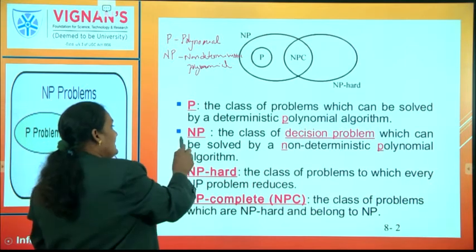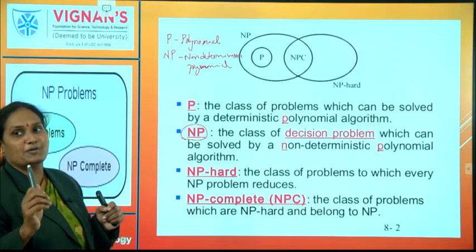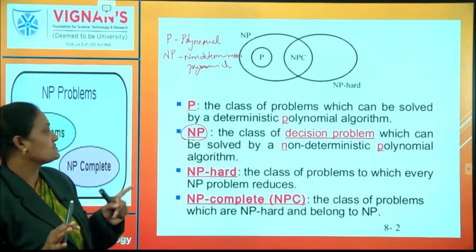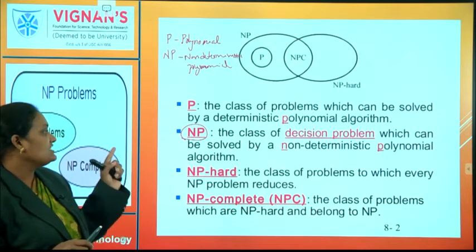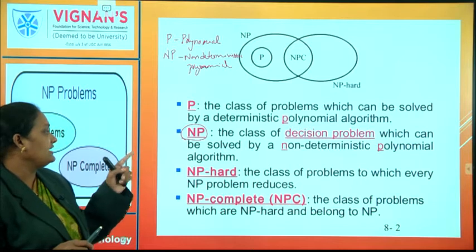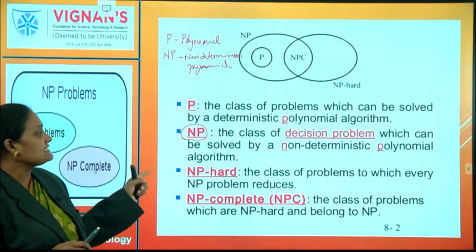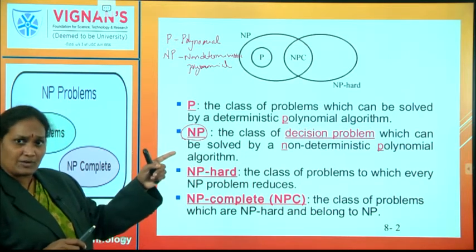NP problems. What are NP problems? That is non-deterministic polynomial problems. NP means non-deterministic polynomial problems. What are NP problems? The class of decision problems which can be solved by a non-deterministic polynomial time algorithm. What are decision problems?